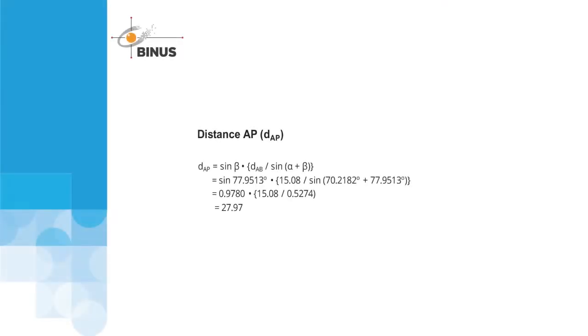The sixth step is to calculate the distance of AP. The distance of AP is equal to sinus beta multiplied by the distance of AB divided by sinus alpha plus beta. From this formula, you will get the answer of 27.97.